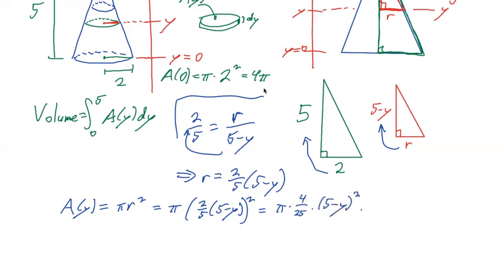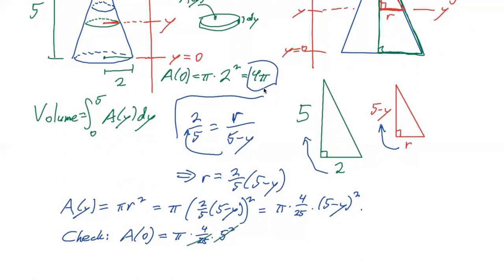And you can check that, for example, a of 0, which we set up here was 4 pi. A of 0 is pi times 4 over 25 times 5 squared. And those cancel.